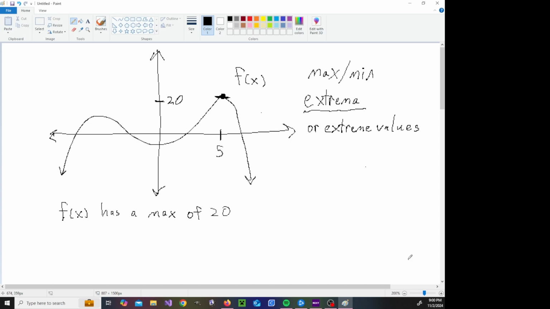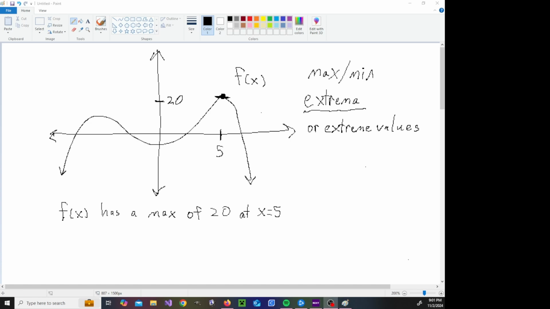So maybe I'll say it has a max value of 20 at x equals 5. Because if we're interpreting these things, it's just as important to know the x value where it happens as it is to know what that maximum value genuinely is.